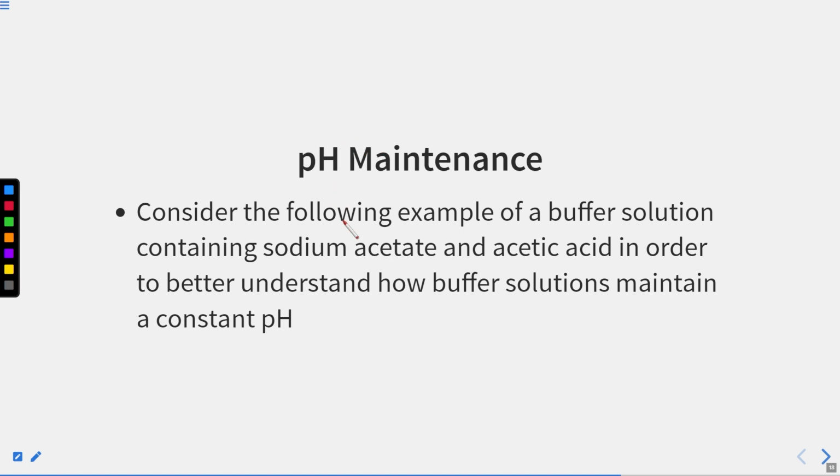So consider the following example of a buffer solution containing sodium acetate and acetic acid in order to better understand how the buffer solution maintains a constant pH. If you are studying any type of reaction, and that reaction takes place at a specific pH, then your buffer solution must maintain that particular constant pH. So pH maintenance is very important.